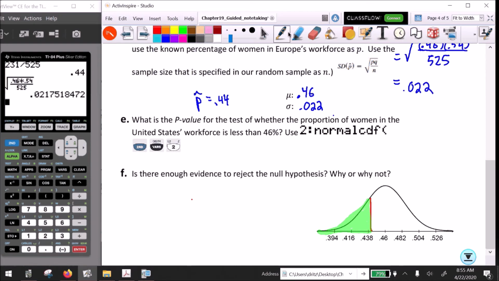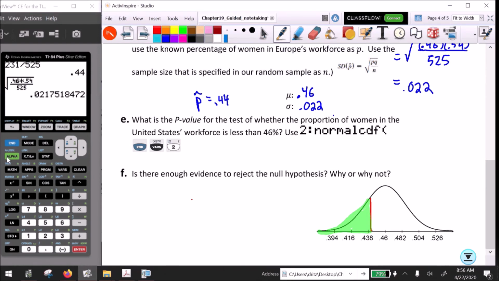So our question is, what is the amount of area under this curve? What is the probability of obtaining 44% or fewer women in the workforce, if there are in fact 46% women in the workforce?